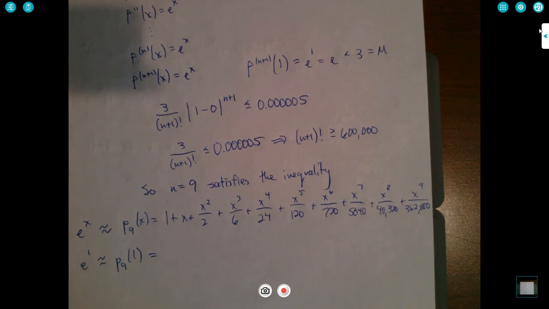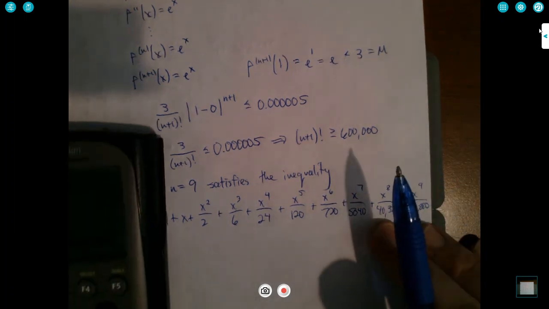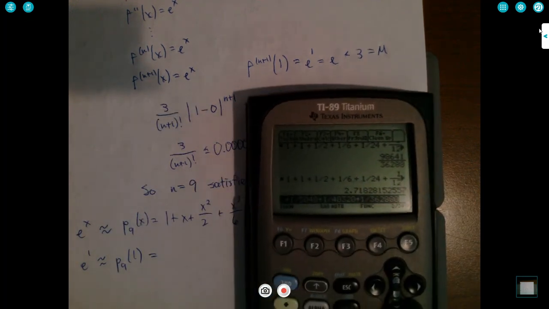It's 1 plus 1 plus 1/2 plus 1/6 plus 1/24 plus 1 over 120 plus 1 over 720 plus 1 over 5040 plus 1 over 40,320 plus 1 over 362,880. And if I punched that all in correctly, this is what you get.